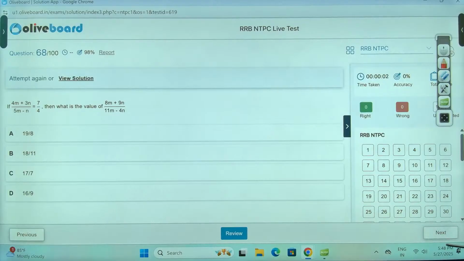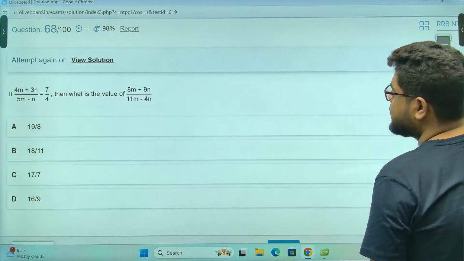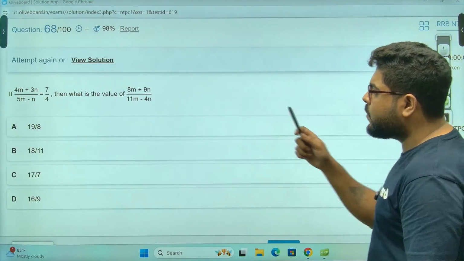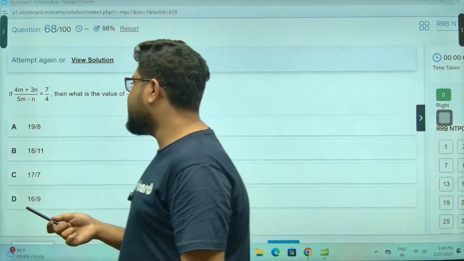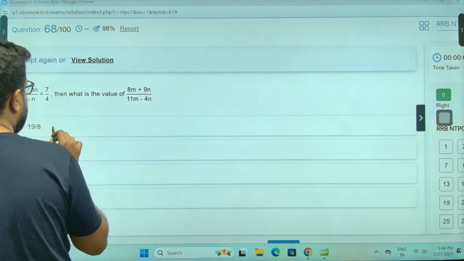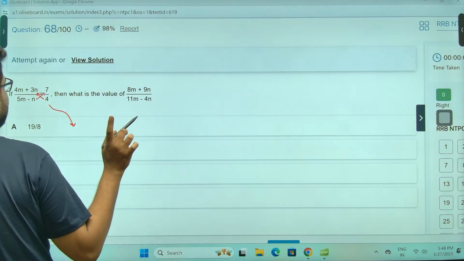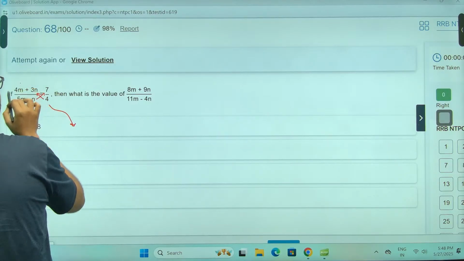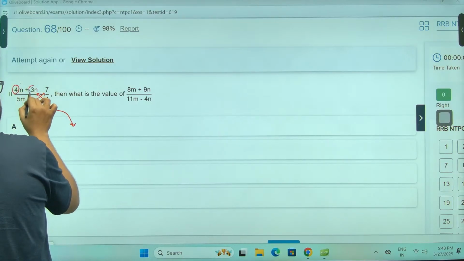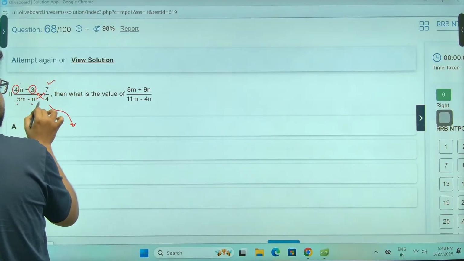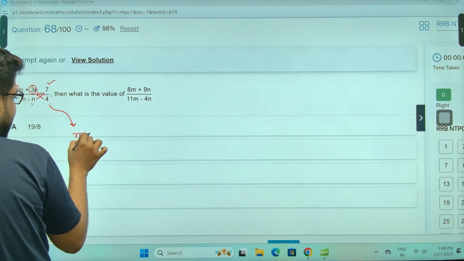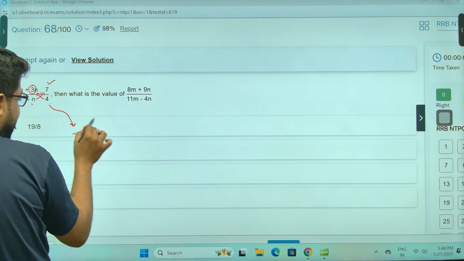Clear, sir? Any multiple of 4m, 8m? No. Not a multiple, then you must do one thing: cross multiply. But can I say one thing? Always look at the coefficients. 4 plus 3 is 7, 5 minus 1 is 4. Meaning I can say m equal to 1, n equal to 1.